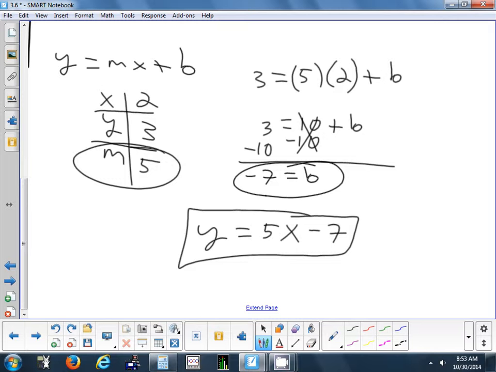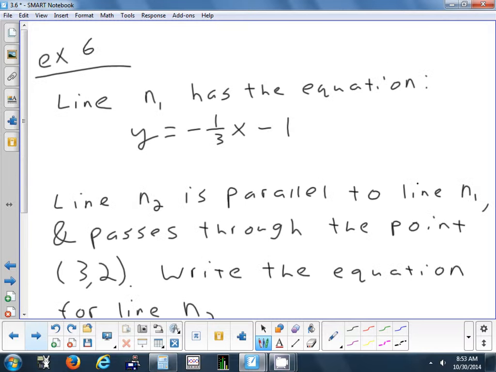Okay, so you'll have a couple of those on the test, and probably one like this. Okay, we have 2 lines, N1 and N2. Line N1 has this equation, y equals -1/3 x minus 1. Line N2 is parallel to that one and passes through the point 3, 2.